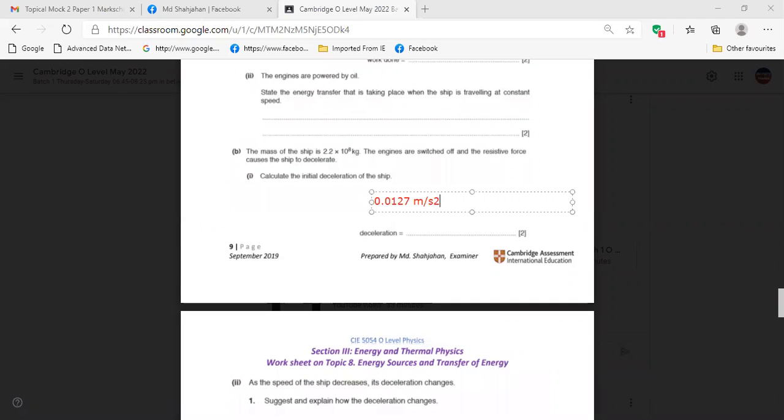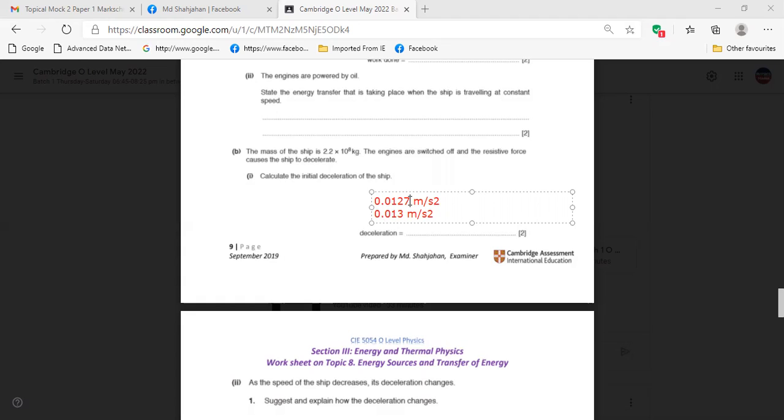So this one you can write 0.013, okay? If you write in two significant figures. Is it clear? So after 7, what is there? 0.127, then what is the digit? 3, sir. 3, okay.